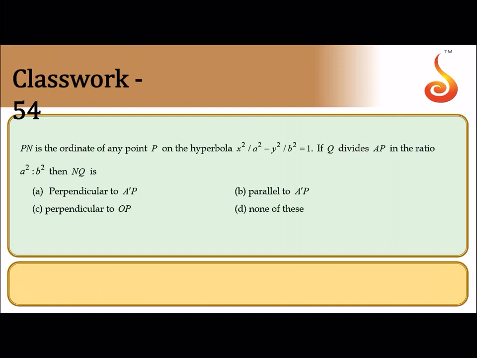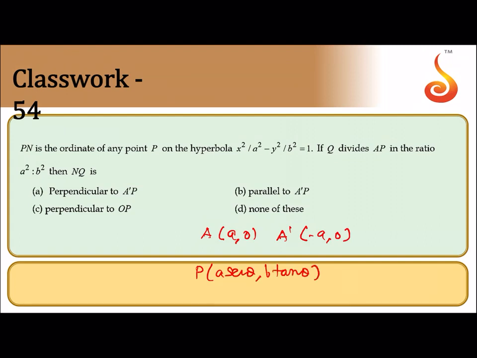54. PN is the ordinate of any point P of a hyperbola. Q divides AP in the ratio A square by B square. Then NQ is equal to... So A is given as A, comma 0, and A dash is given as minus A, comma 0.